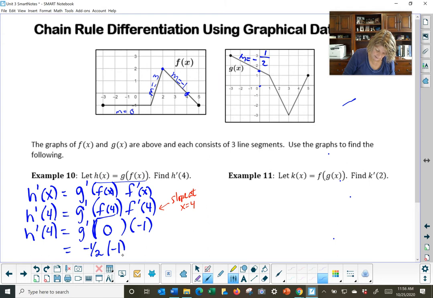Multiplied by a negative. Looks like our answer, h prime of 4, turns out to be positive 1/2. I like it. If you need to, indicate that this is asking for the slope at x equals 0, the slope of g.